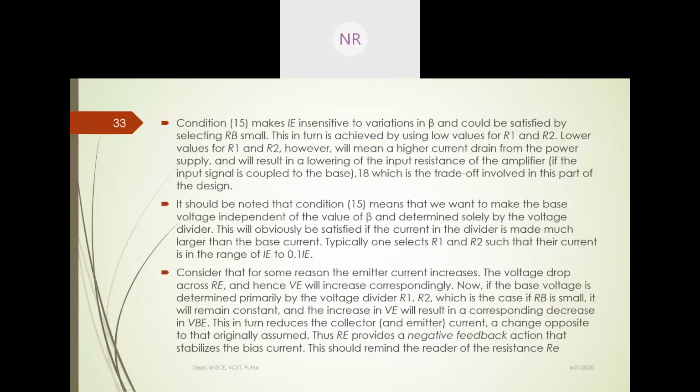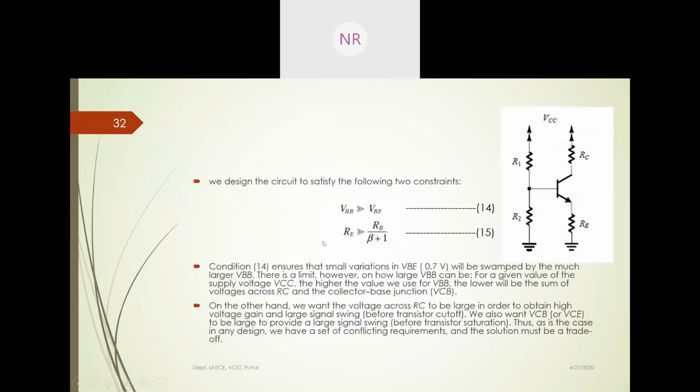And these two are the constraints that we have discussed in the last class. The VBB value should be greater than VBE, and the RE value should be greater than RB divided by beta plus 1. We need to maintain these conditions to ensure that IE or IC is insensitive to temperature variations and beta variations.